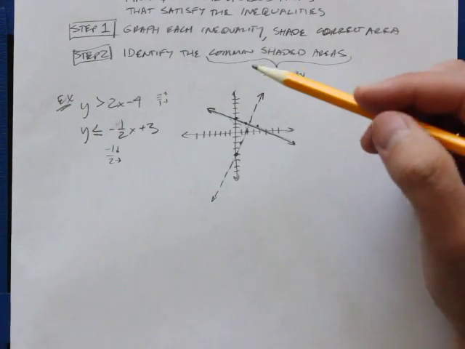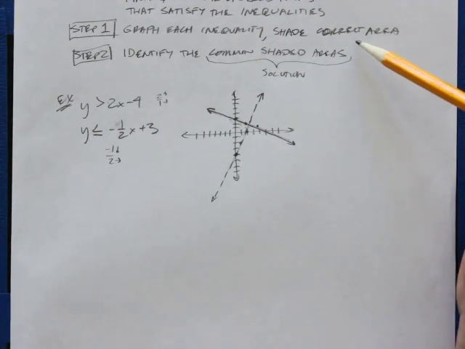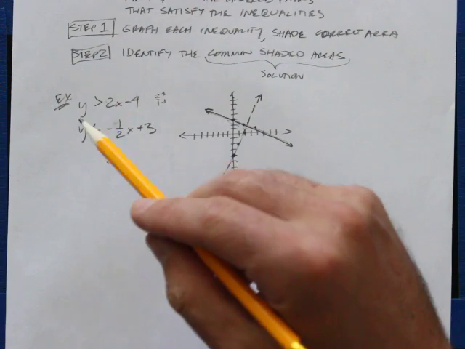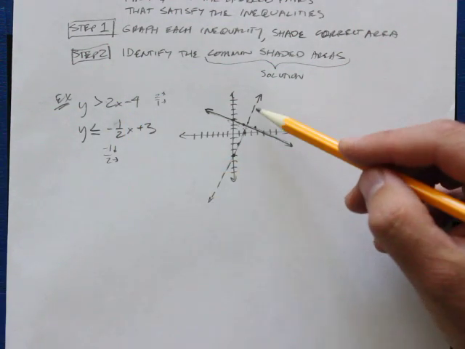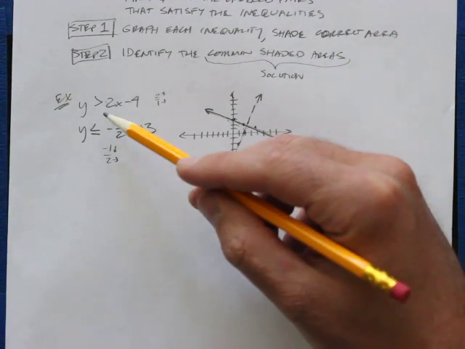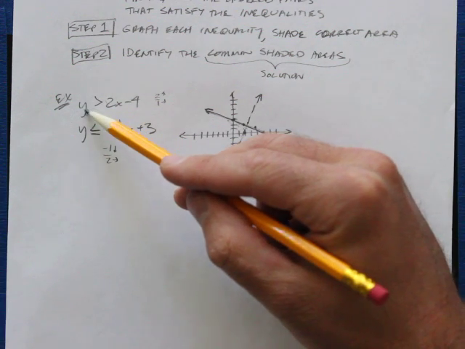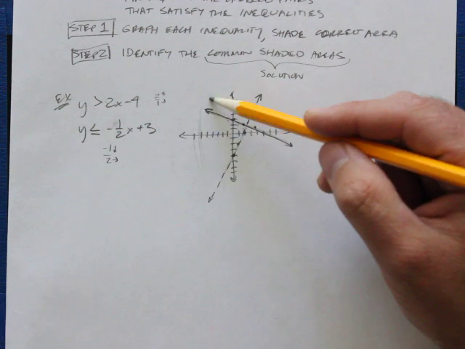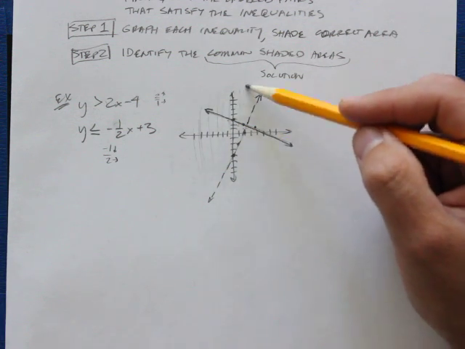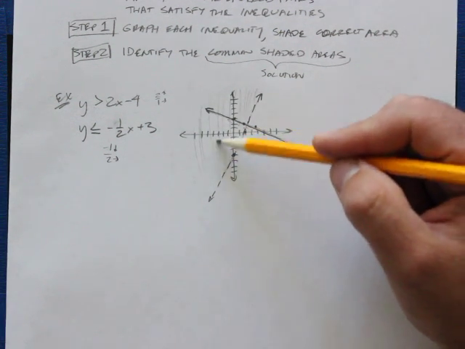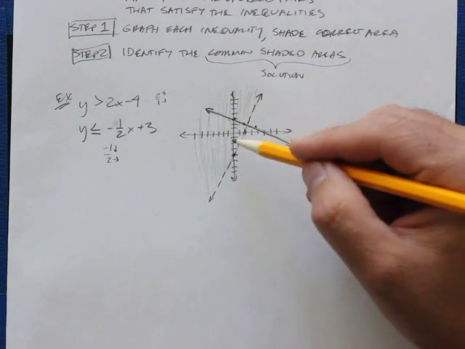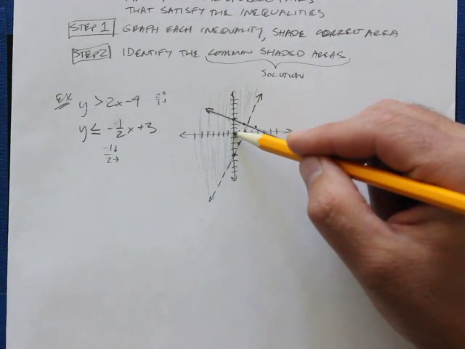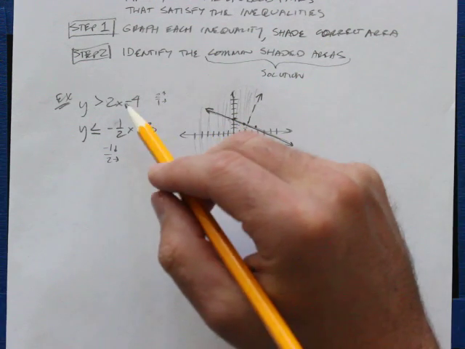Now, what I haven't done yet is shade the correct area. So I'm going to look at this first one, which is this dotted line, and I'm going to decide where to shade. Its y is greater than this line, so I'm going to shade above it. Now, if I wasn't sure where to shade, I could just choose this point, 0, 0, and see if it makes sense.